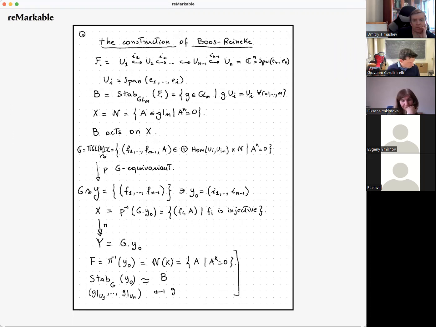There is a general construction that says X is isomorphic to the associated fiber bundle.